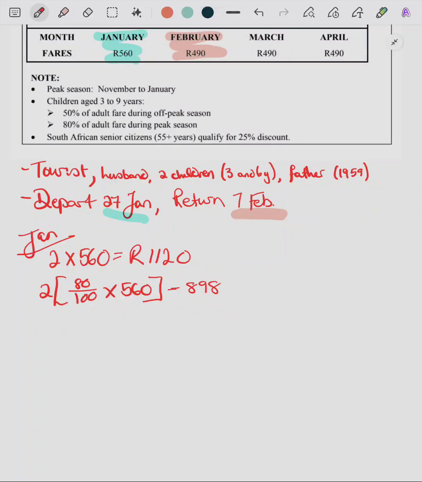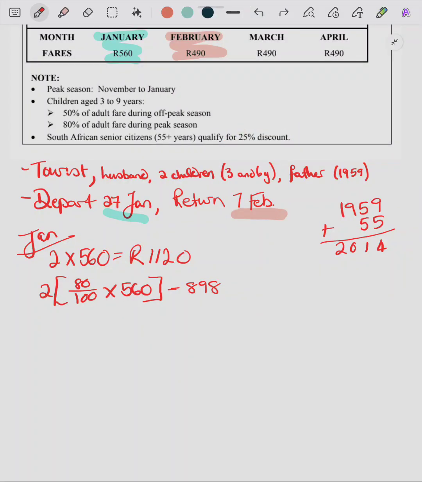Then we have the father. The father was born in 1959, so that means he is over 55 years old. If you weren't sure and you wanted to check that, you could go 1959 plus the 55 years. That'll give me 2014, which we know we're past. So he gets his discount of 25% off.